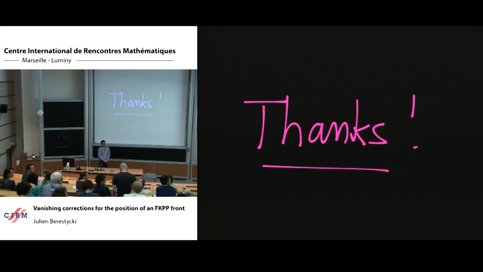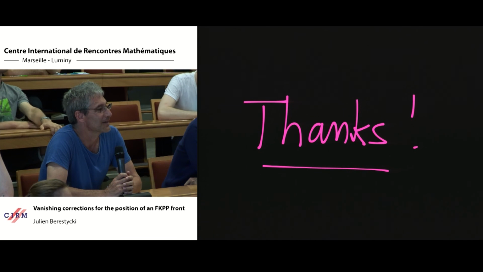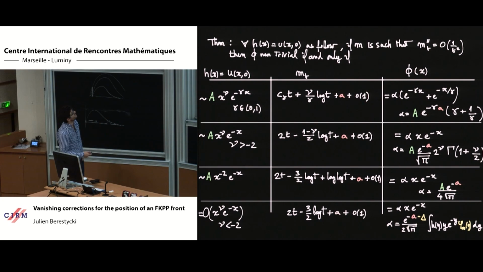Your study concerns the case when the initial condition decays exponentially fast. Yeah. I was wondering what is known in the case when the decay is much slower, like polynomial decay. Okay, so it's partly here.